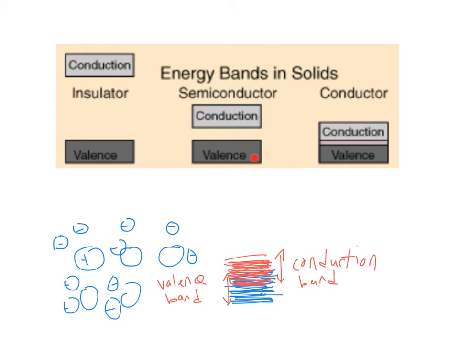So all the valence electrons are in their outermost shell, and there are no vacancies. And the electrons at this valence band also have their own energy levels. But the problem is they have no space to move to, which is why they can't conduct electricity unless you give some of the electrons enough energy to jump to the conduction band.